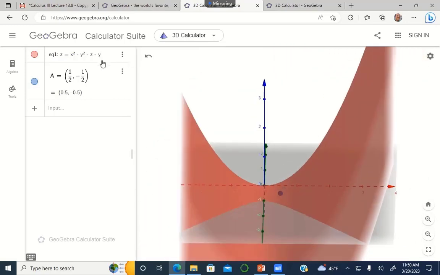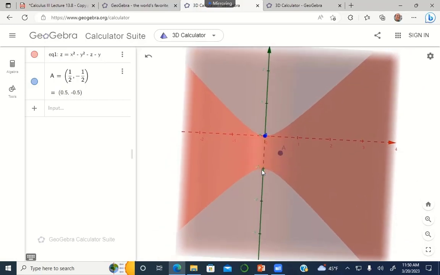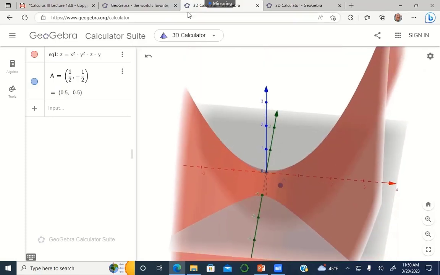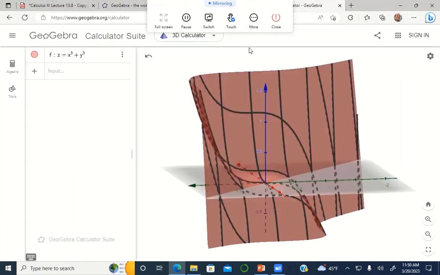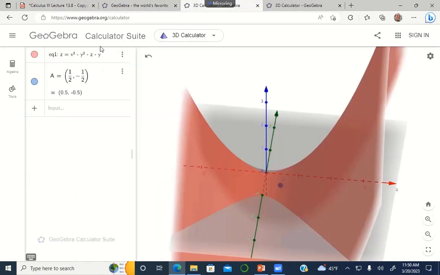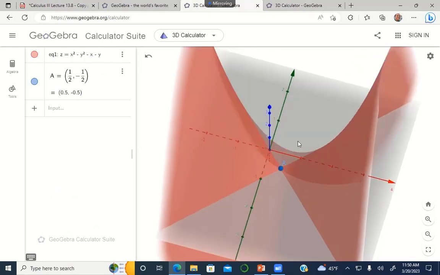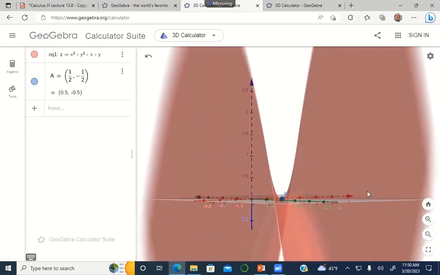Did I type in everything right? This looks like it's off by a little bit. Minus y, yeah, instead of minus x. Oh yeah, okay. Ah, there it goes. Okay, so right now it's smack dab where it should be at the saddle point.